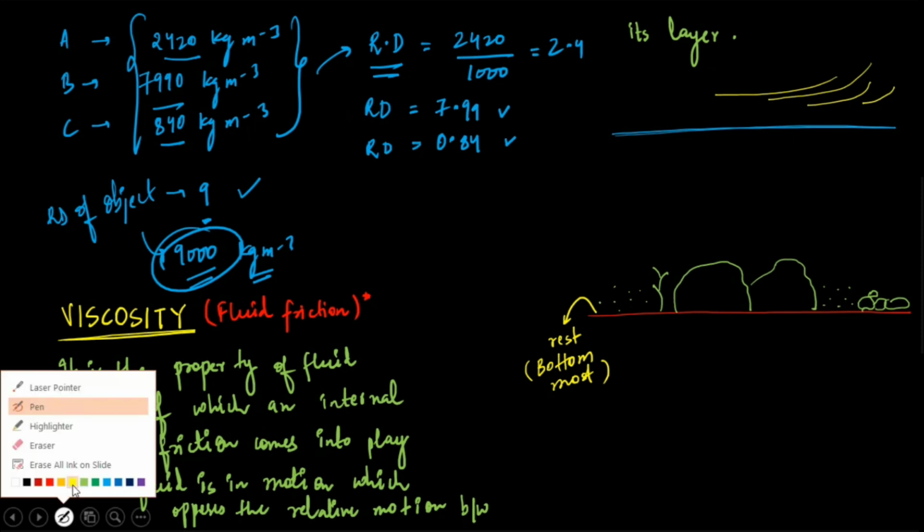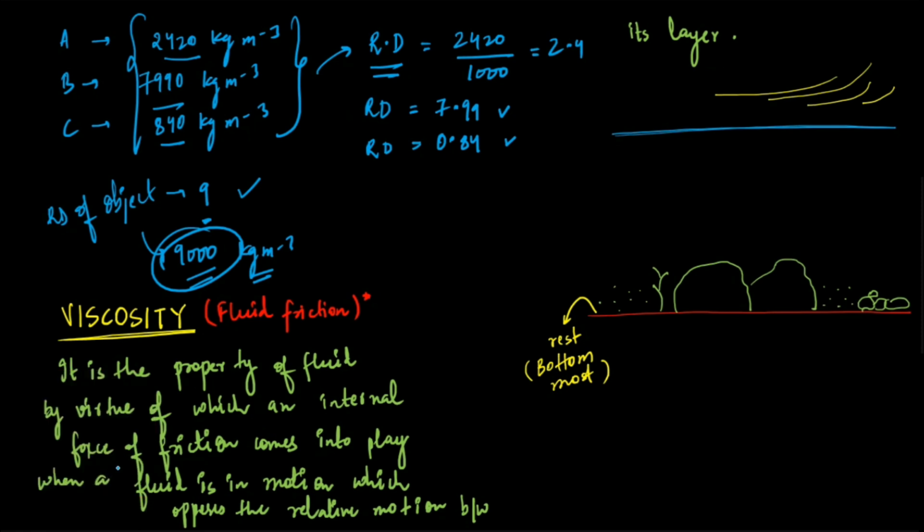So due to the breeze, the top layer has huge velocity. We can assume that it has some great velocity. But as we move down, the velocity of passing layers decreases, and at the bottom it becomes zero.